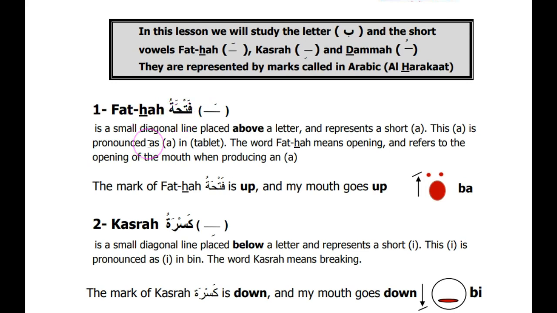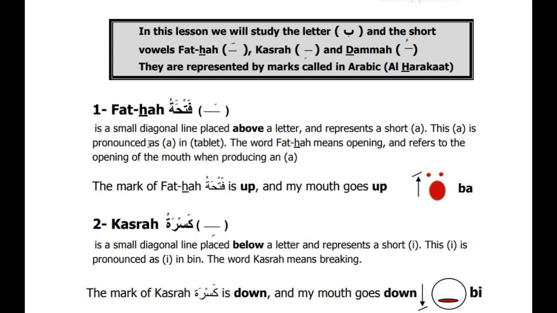Fatha is a small diagonal line placed above the letter and is represented as a short a. Well, why they call it short a, we will see later on what is a long vowel. A short a means that you just pronounce it in a time, you know? Not with emphasis, just a simple a.